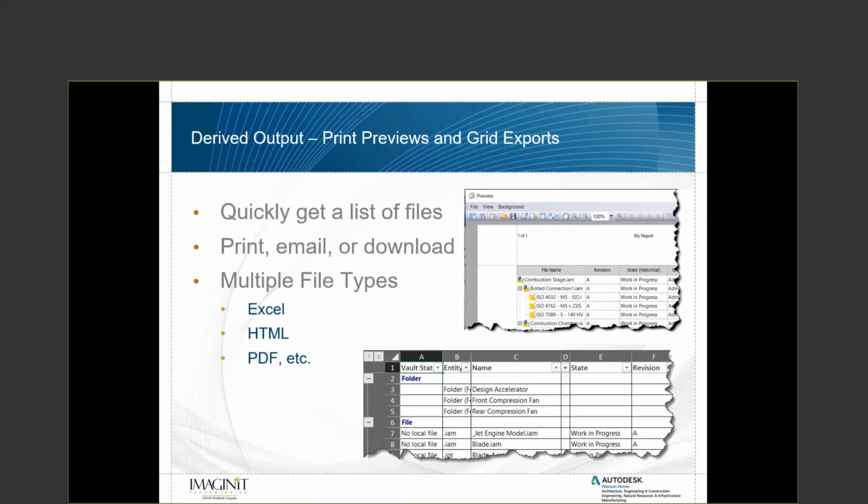It's going to set it up for three different things. Either you can print it out, like print preview sounds like. You can also email that as a file, so like a HTML, an Excel, PDF, or you can just download the file as one of those file types as well, right? So that's the print preview.